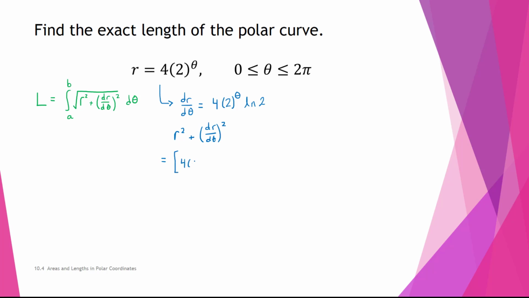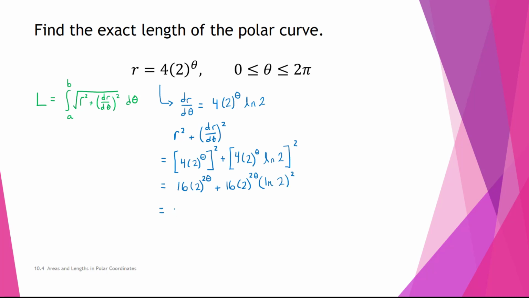So we have (4 times 2 to the power theta) squared plus (4 times 2 to the power theta times natural log of 2) squared. Or in other words, 16 times 2 to the 2 theta plus 16 times 2 to the 2 theta times (natural log of 2) squared.